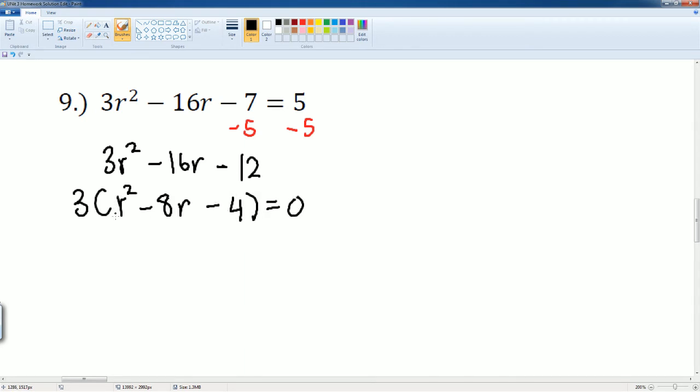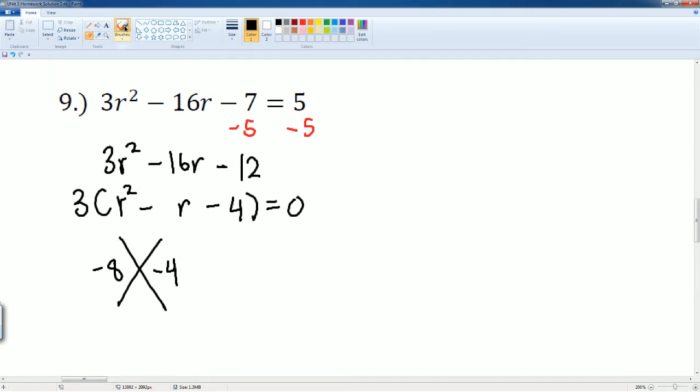See, this is beautiful because a equals 1 here. So now we can actually factor this. We want to find two numbers that add up to negative 8 that multiply to make negative 4. Okay, that is wrong because this doesn't work.